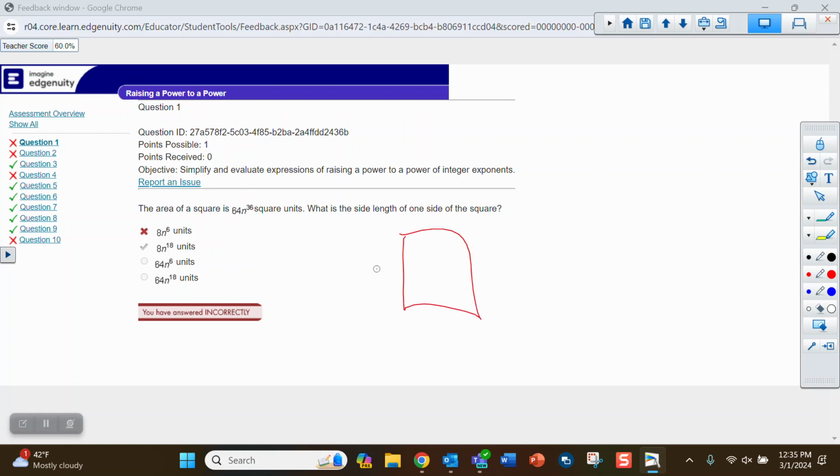So if we draw a square that has 8n to the 6th as a side length, remember, in a square, all sides are the same, so I'm going to label all 4 of them 8n to the 6th. You find the area of a square by multiplying the side times itself. You're essentially squaring the side length.